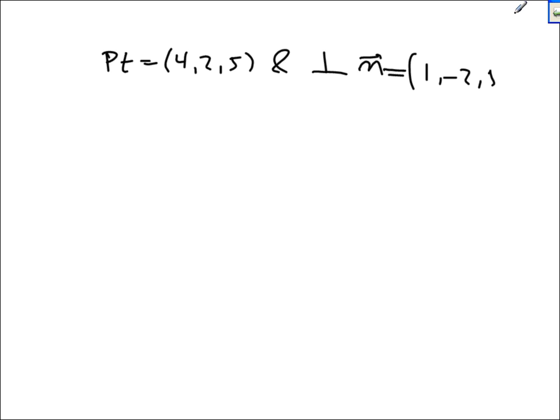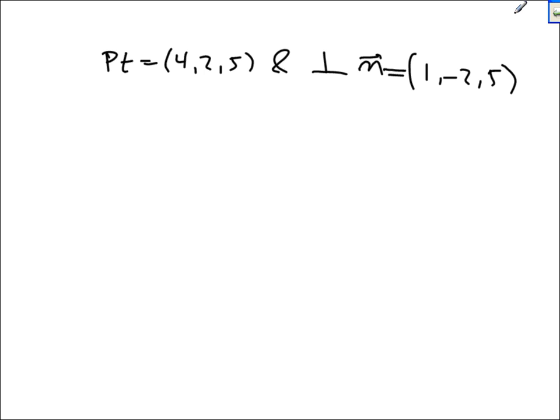In fact, we want to find the equation of the plane that passes through the point, say 4, 2, 5, and the plane is perpendicular to, we call it N. N is equal to, say, 1, negative 2, 5. We want to find the equation of this plane.